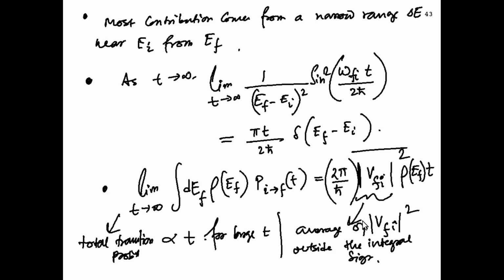So now that problem looks better: with time, the transition probability is proportional to t, and the average of |Vf|² appears outside the integral sign. This average is a quantum expectation value, and then there is a classical averaging over the final states or the range of final states.